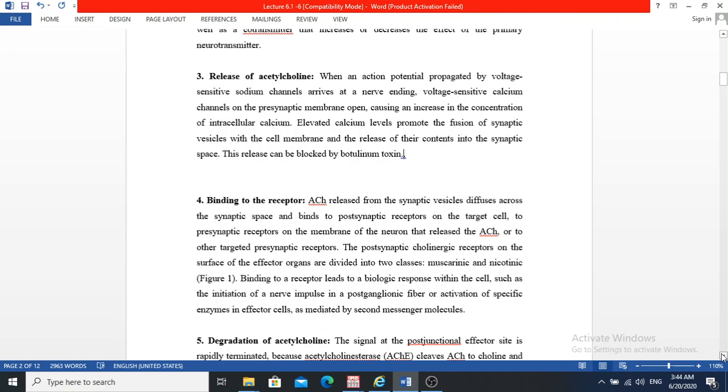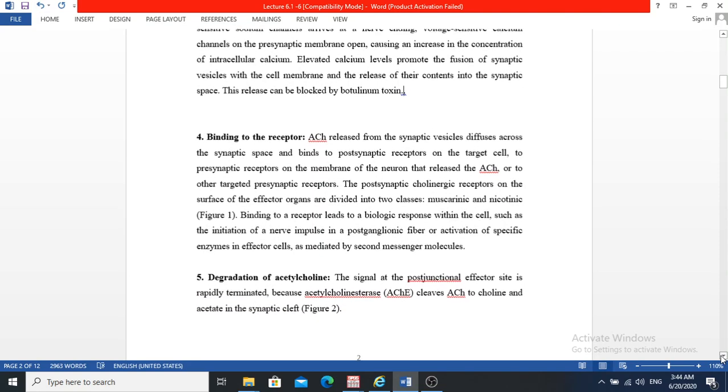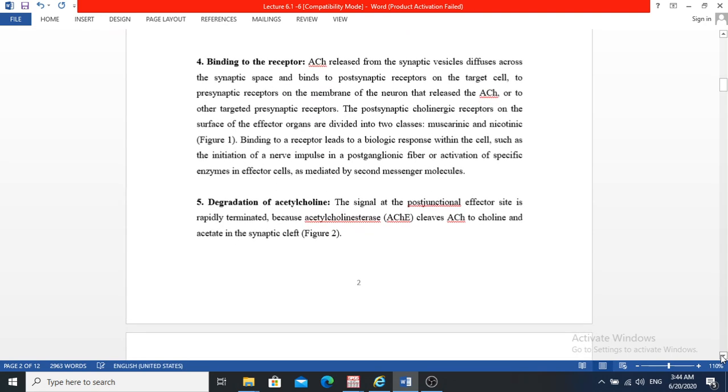Binding to a receptor leads to a biologic response within the cell, such as the initiation of nerve impulses in a postganglionic fiber or activation of specific enzymes in the effector cell as mediated by second messenger molecules, which was very well discussed in the previous lecture.